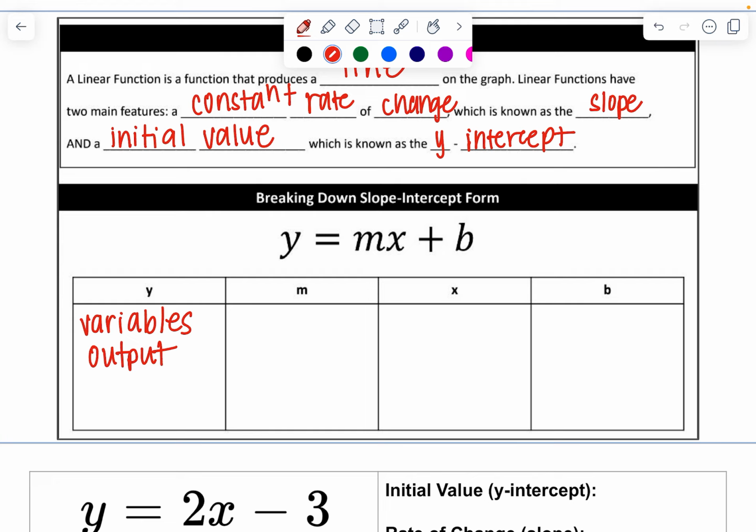So we got to tell you, what the heck is m? What is x? What's b? So m, I don't know why, but in math land, m represents your slope of the equation, right? Or that constant rate of change. Or when we were looking at the graph, how much is it rising?